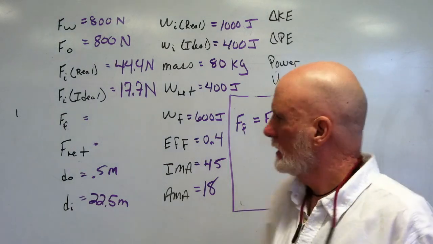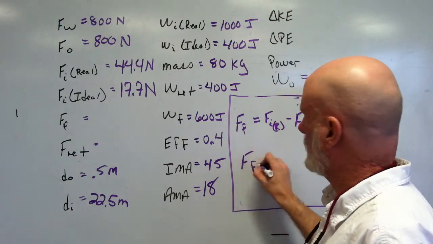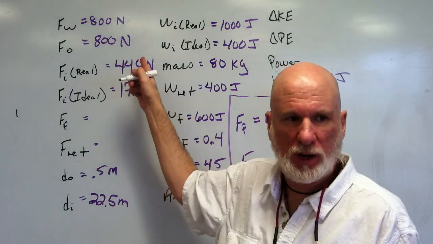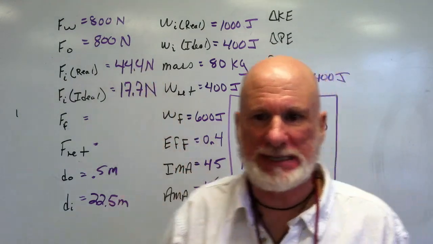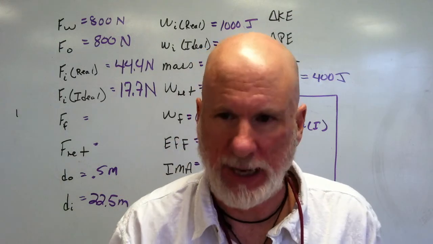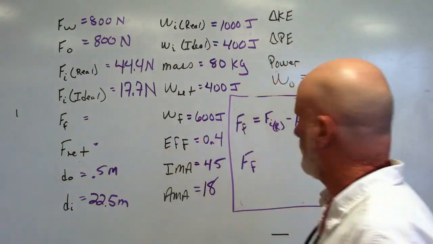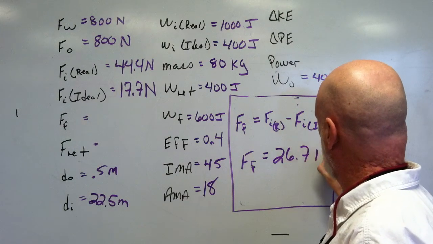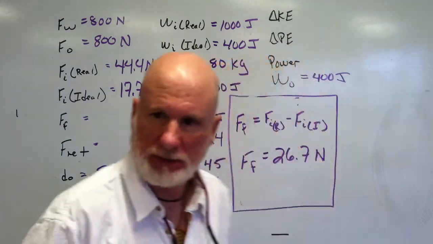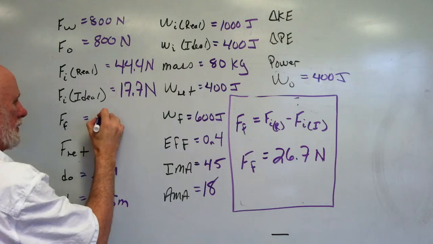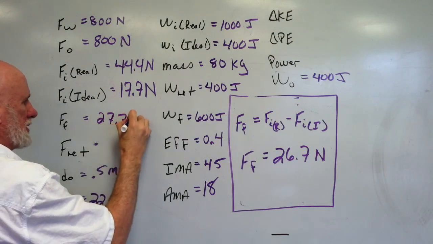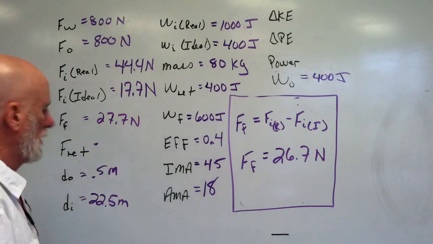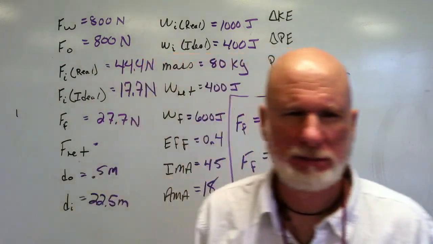So friction is going to be 44.4 minus 17.7. So what is it? 26.7 newtons. So that's the friction, okay? What's the F net?